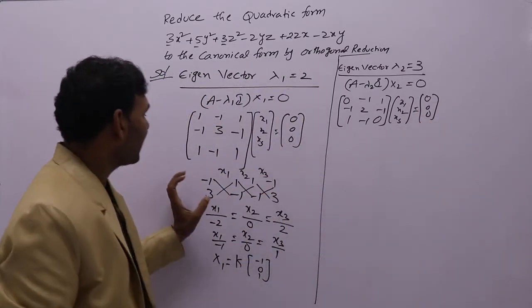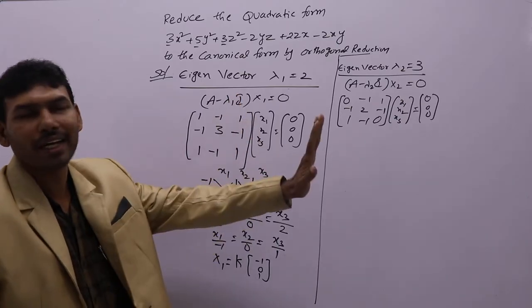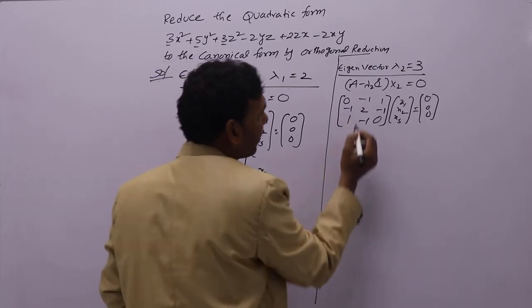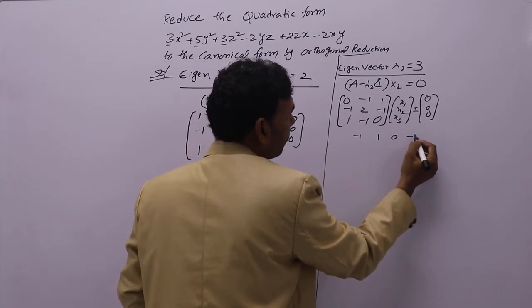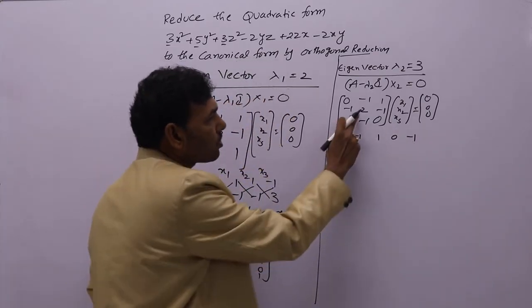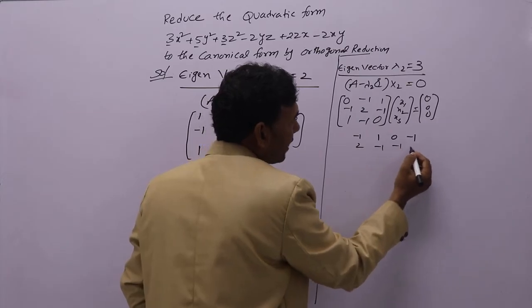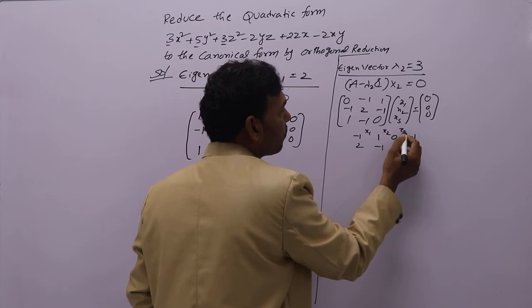Now, as I said in the previous case, like that only, from second element to second element, from any two rows, you need to write the elements. Second element: -1, 1, 0, -1. Next, here also from the second element: 2, -1, -1, 2. This will be x1, x2, x3.